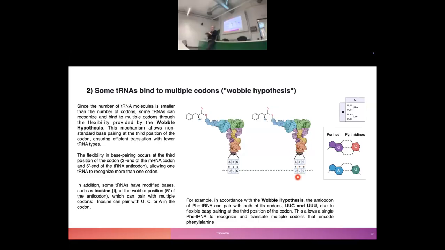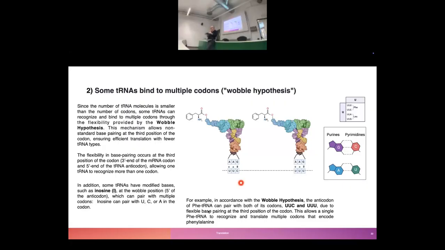while this match will happen during protein synthesis, but due to the mechanism, it's allowed for this type of interaction, that is with a guanine interacting with a uracil. So it is not the canonical one, okay?